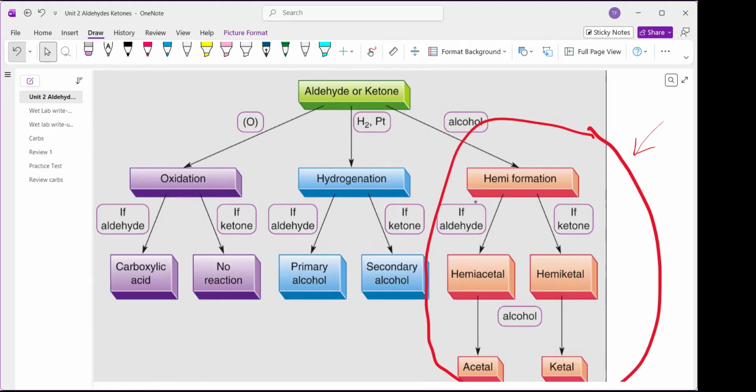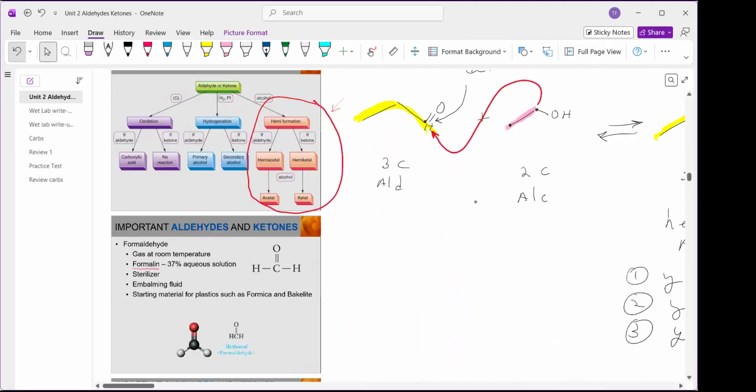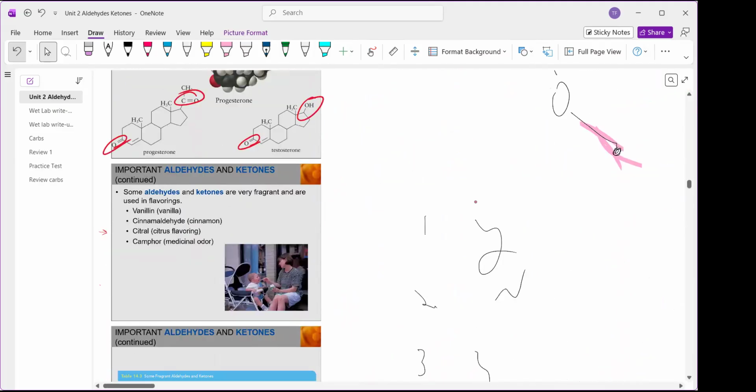So three, or if you count the acetal-ketal as two, four reactions. And it's just like unit one reactions. You have a flow chart. And the flow chart is, what I did is I added it on to your unit one flow chart. So let's see. Can I include that in here?